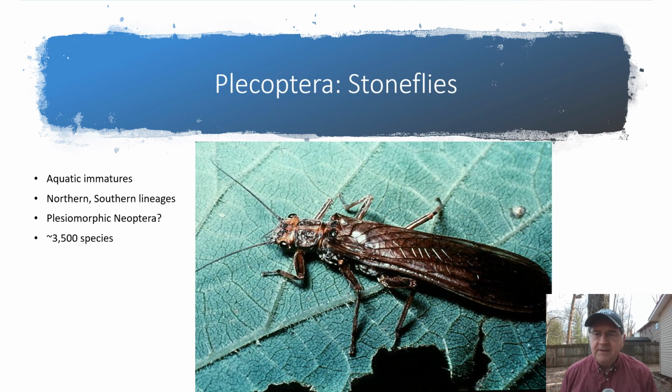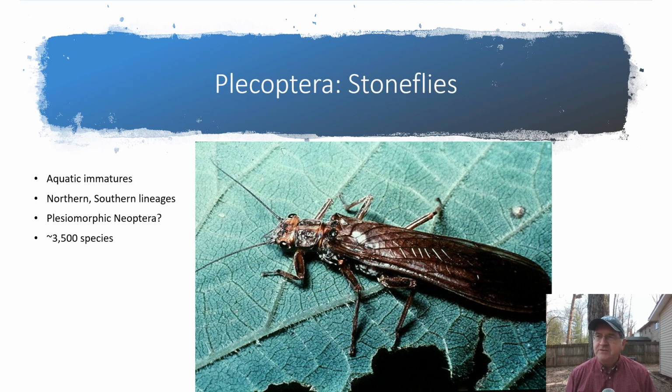The stoneflies have aquatic immature stages. The adults are not aquatic. They are terrestrial. And the adults live for much longer periods of time than do the adults of mayflies, and they have functional mouthparts.